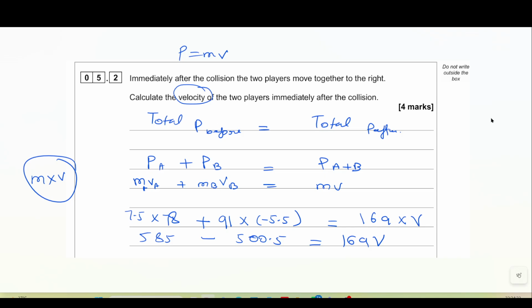So 585 minus 500.5 equals 169 times the velocity. Subtract these two.